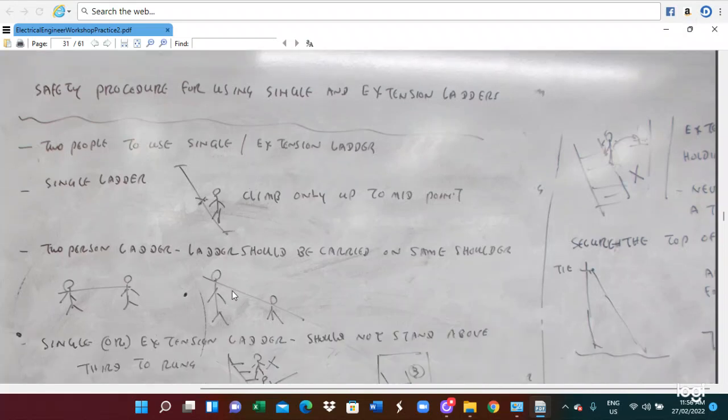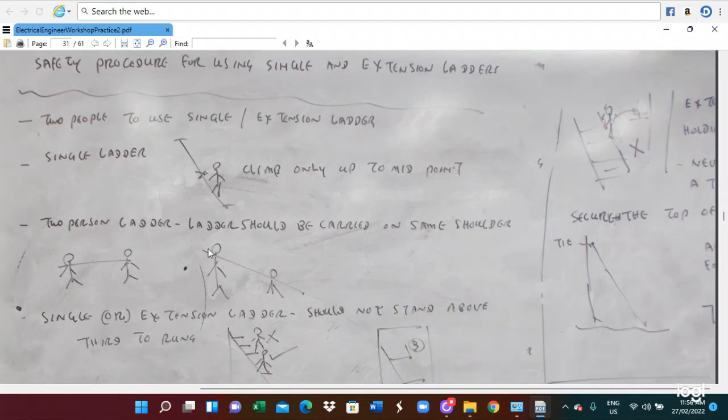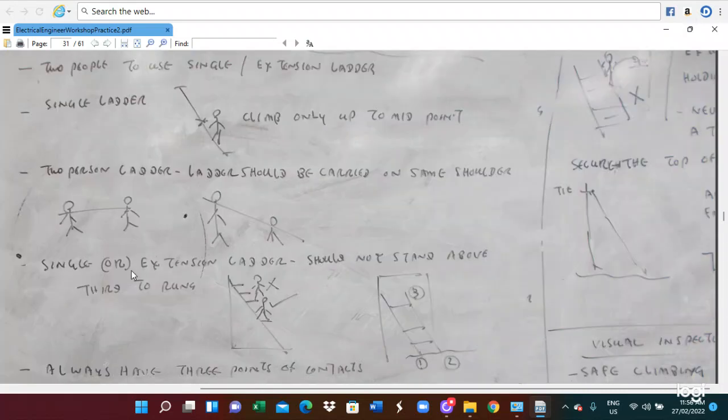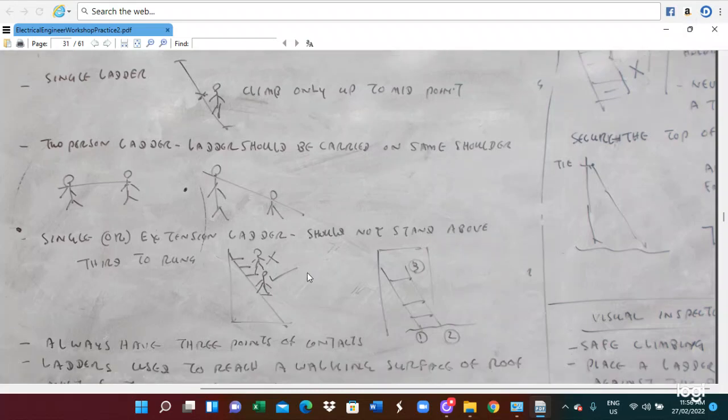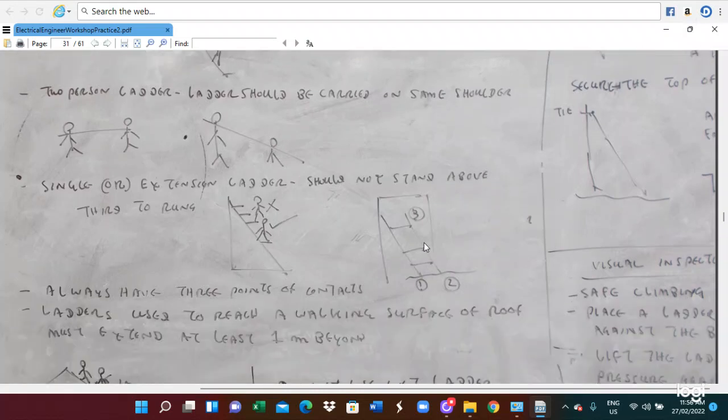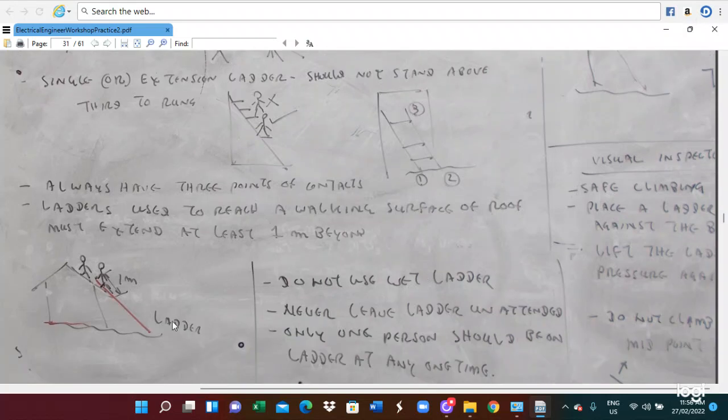Now these 2 persons carry the ladder, and they must carry it on the same shoulder. A single or extension ladder should not stand above the ground. So this is for appropriate ladder construction. And when we are working on a rooftop, always have 3 points of contact. That is an important aspect.